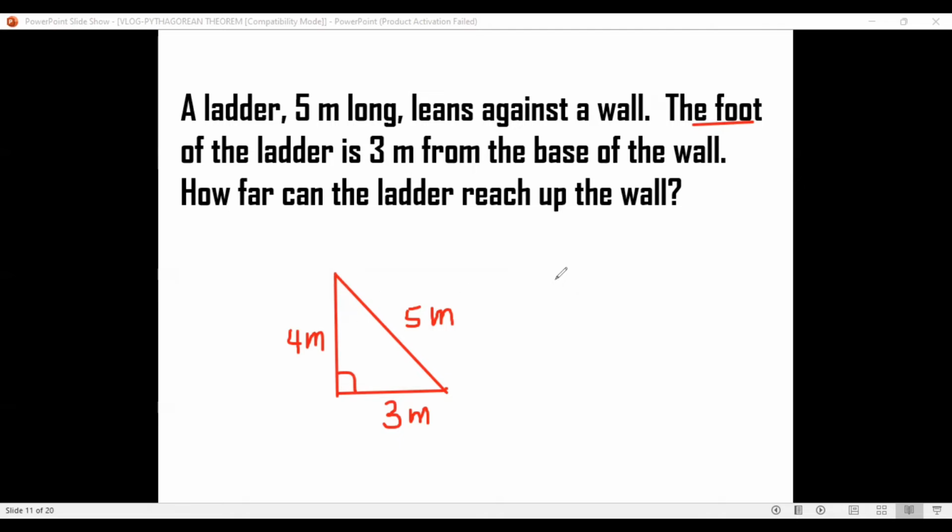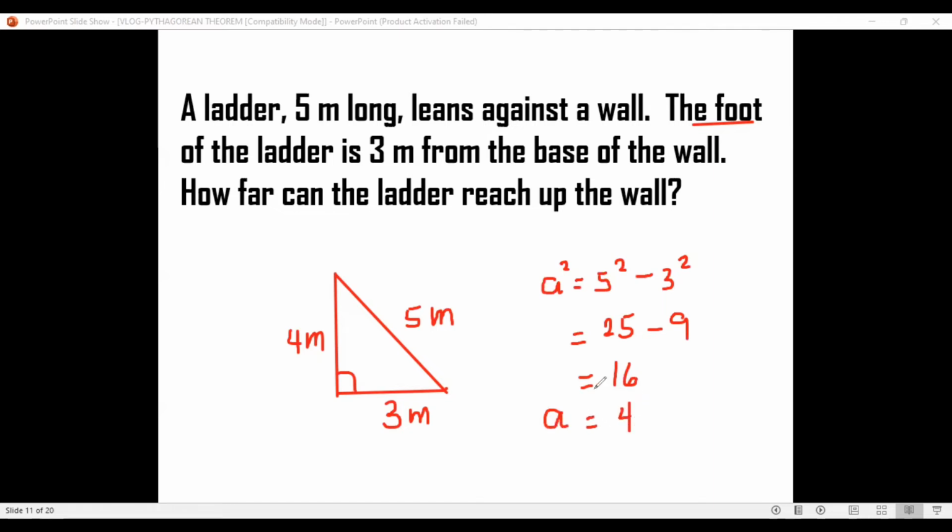So we have now the altitude being a raised to the second power is equal to 5 squared, which is the hypotenuse, minus the 3 squared. So if you are going to continue with this, 5 squared is equal to 25, and 3 squared is equal to 9, and this will result to 25 minus 9 is 16, and extracting the square root now of 16, that is equivalent to 4.